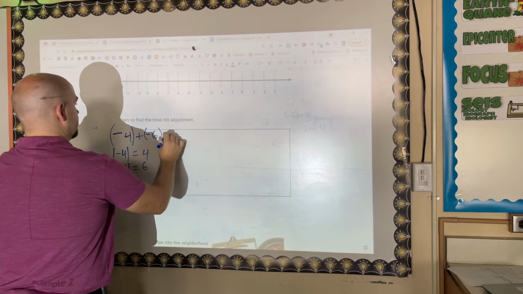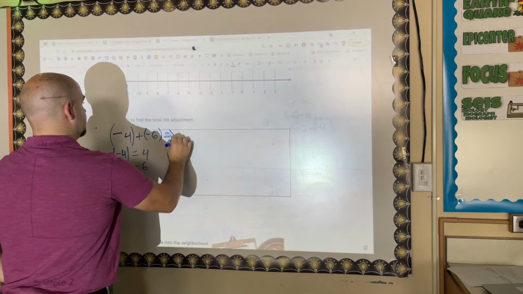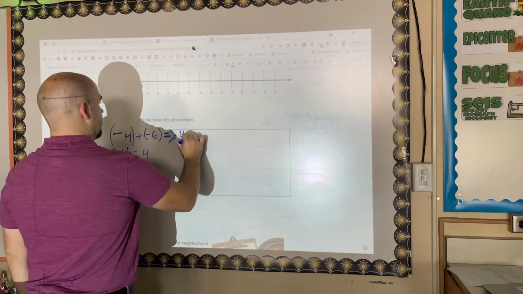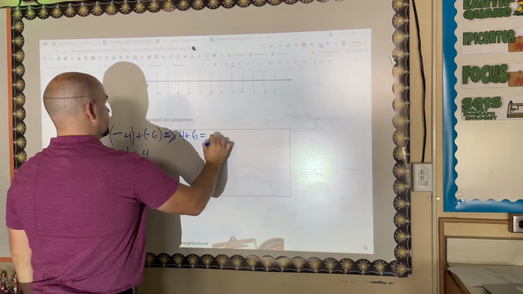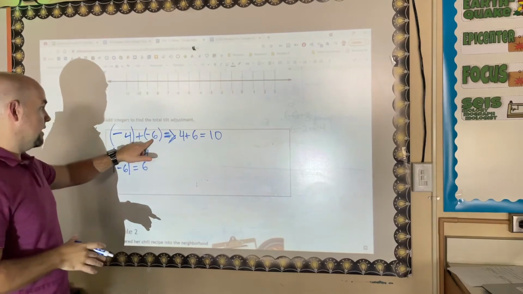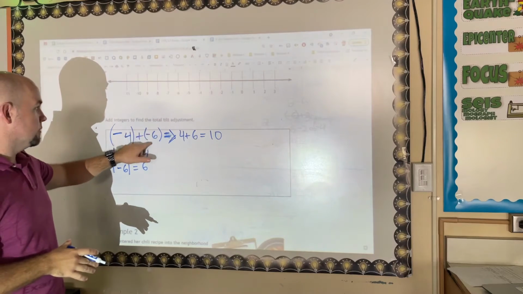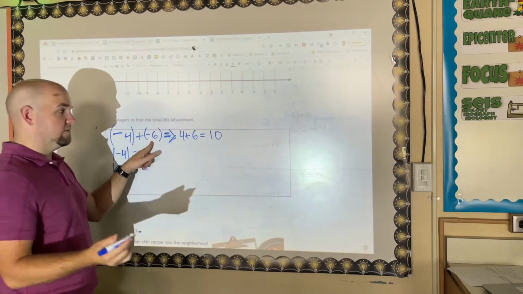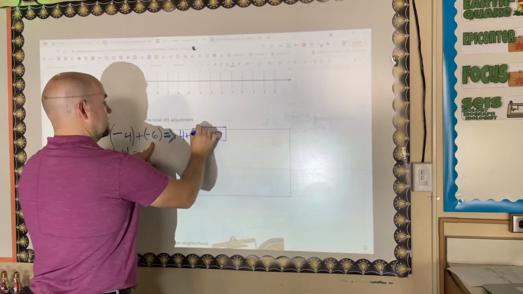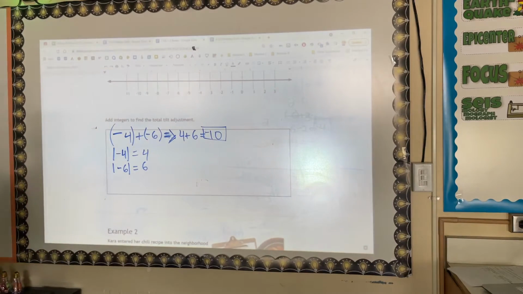So this becomes 4 plus 6, which equals 10. And then don't forget, take the sign of the larger number. Our larger number was 6, and it's a negative 6. So we're at negative 10 as our final answer for that one.